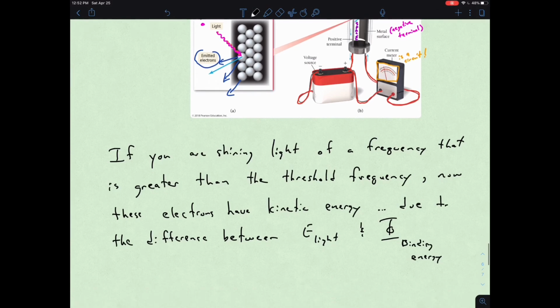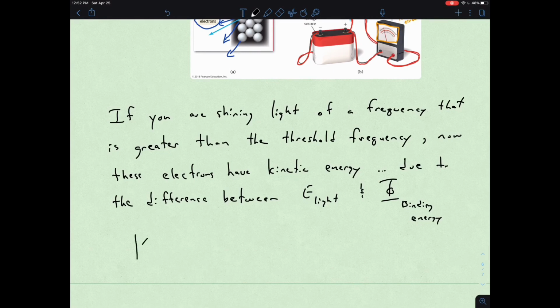So we could say that the kinetic energy of an electron is equal to Planck's constant times the frequency of the photon, the light that we're irradiating the sample with, minus our binding energy.